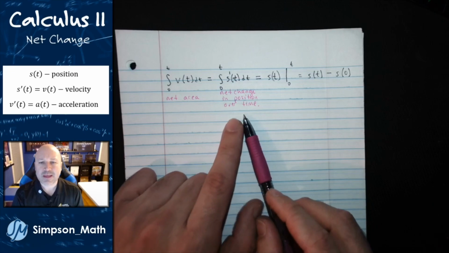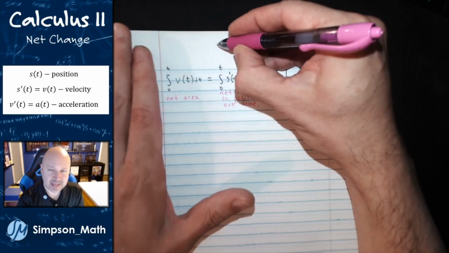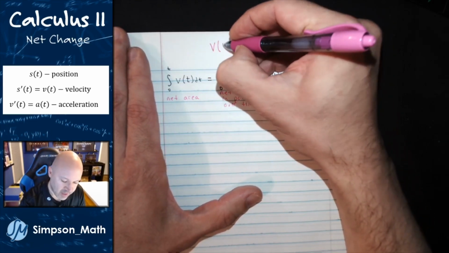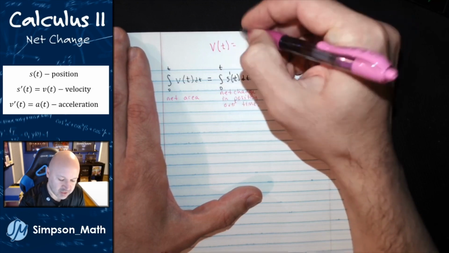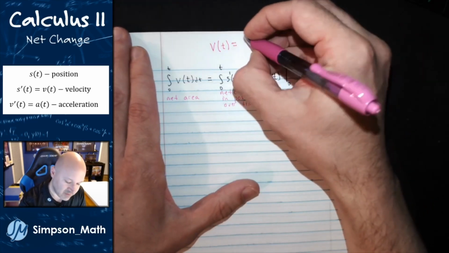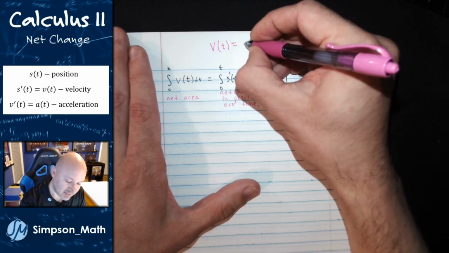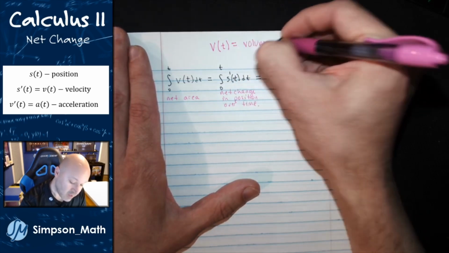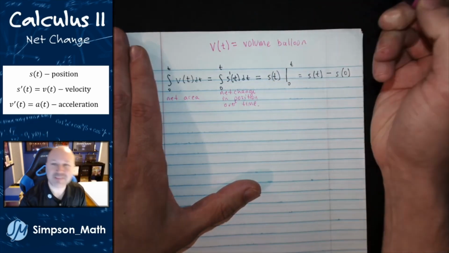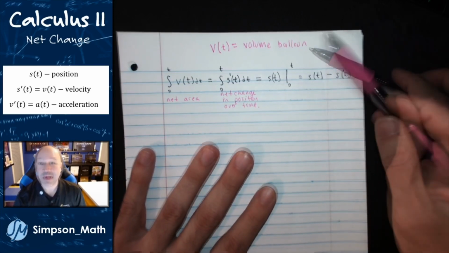So it's like I have some function, let's say it's some v function for volume, and this function calculates the volume of, I have no idea, something crazy, the volume of a balloon. I'm not even sure how to spell balloon right now. So the volume of a balloon, if that's a word.